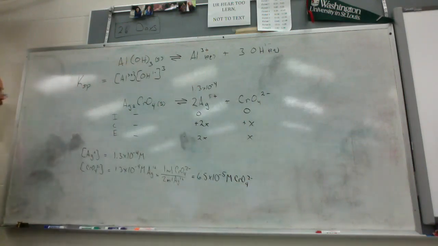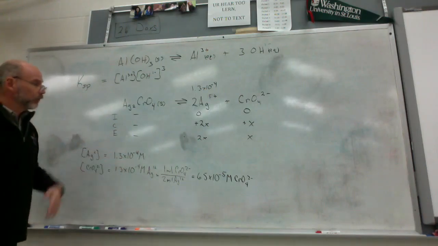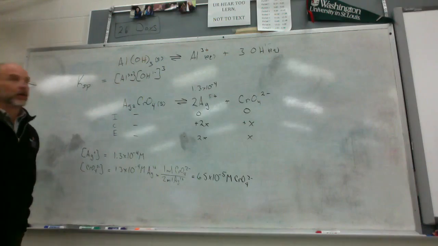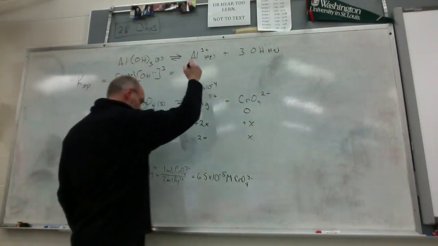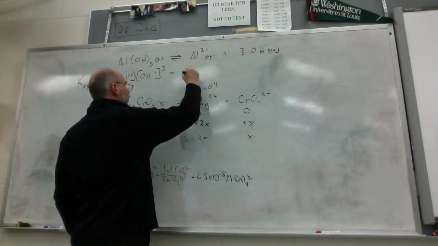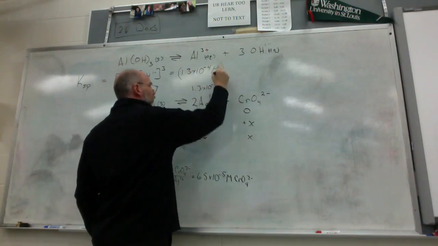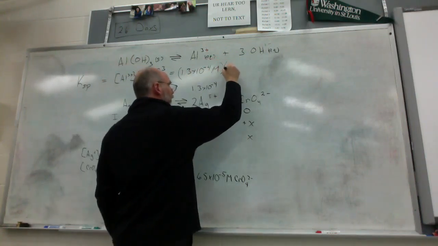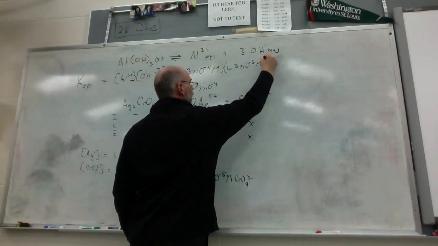So all we have to do to determine the KSP is take these 2 concentrations that we've just determined, one was analyzed, one was calculated, and plug those into the expression. So we get 1.3 times 10 to the negative 4th times 6.5 times 10 to the negative 5th. That quantity is, whoa.